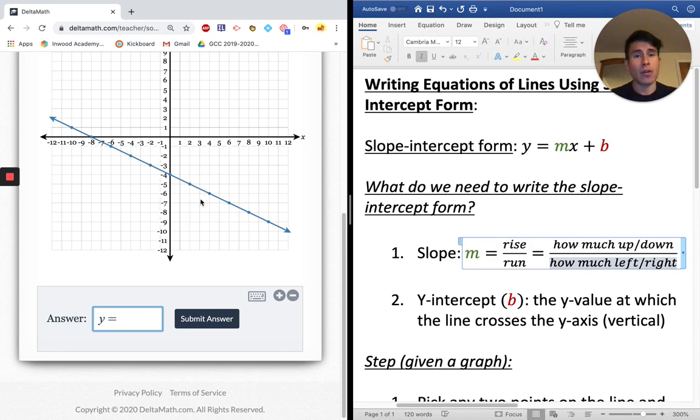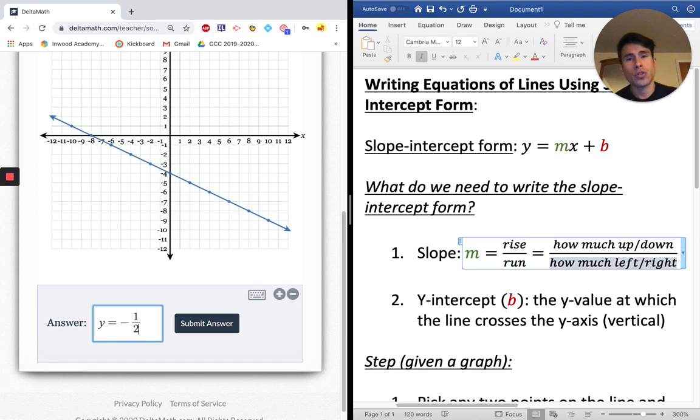I moved down 1, over 2 to the right, so that means -1 over +2. So my slope is -1/2. And remember, the slope always has the x right next to it. So far I have y equals -1/2 x.